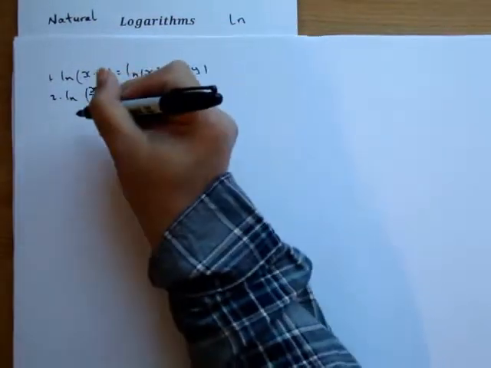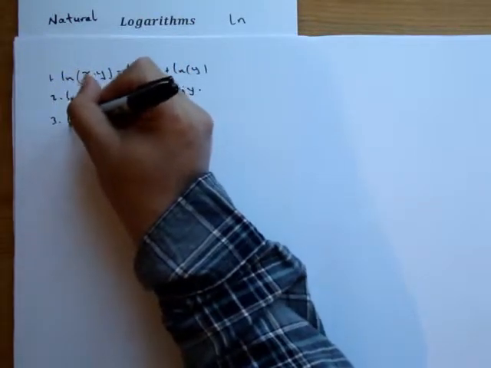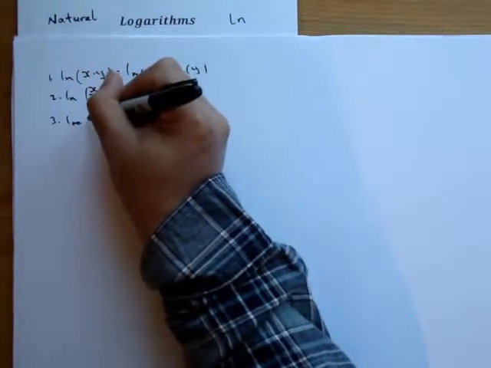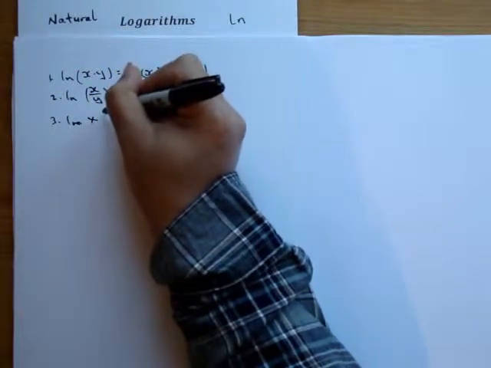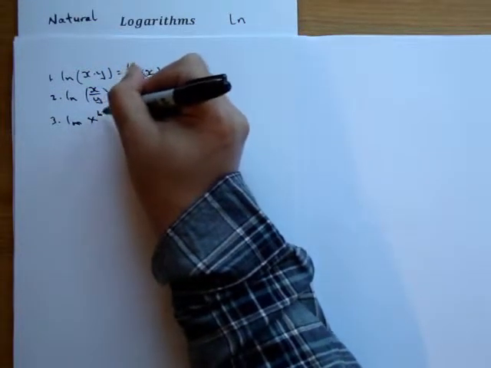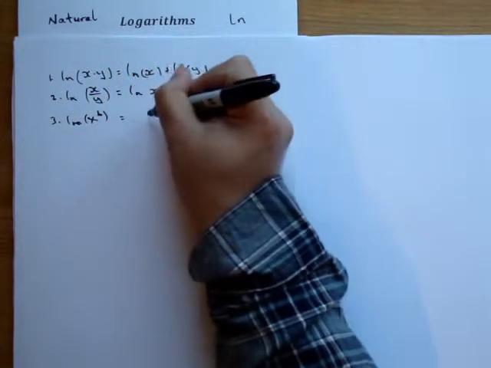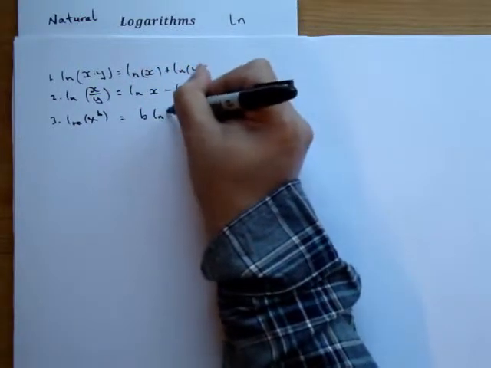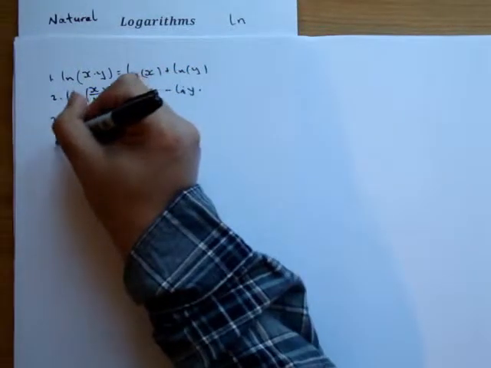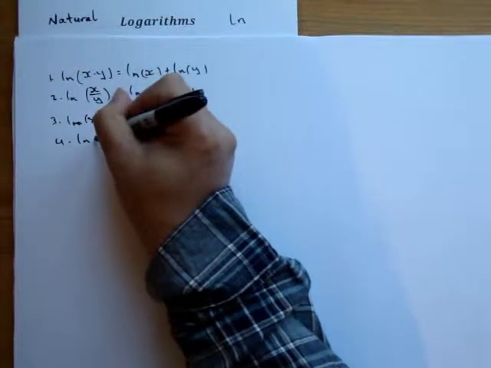The natural log of x to a power, say b, equals b natural log x.